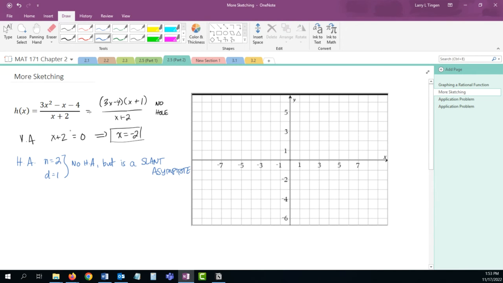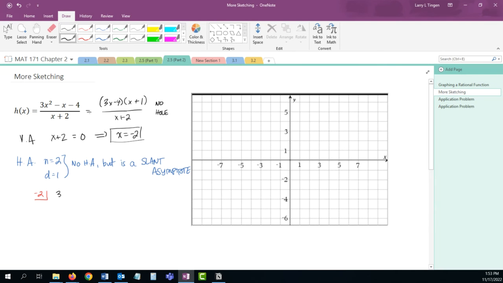All right, how do I find that slant asymptote? I do the math, I do the division. So I need to do this division. I can actually do it with synthetic really easily. So 3x squared minus x minus 4 divided by x plus 2. So in the box goes the value that makes the denominator 0. So that's -2.